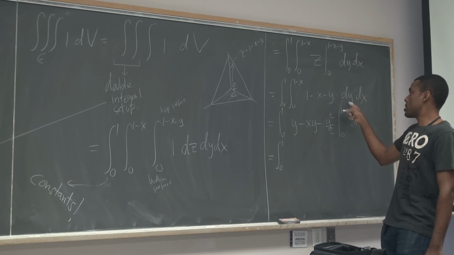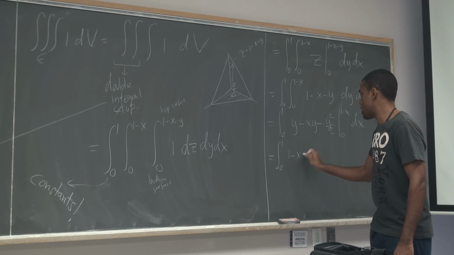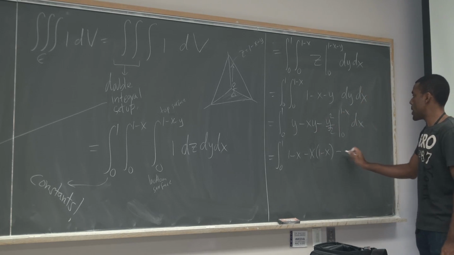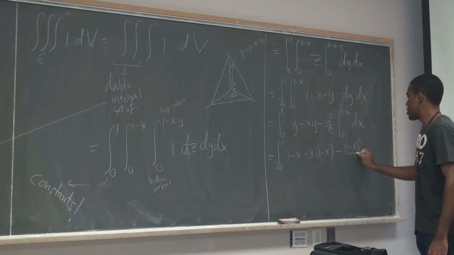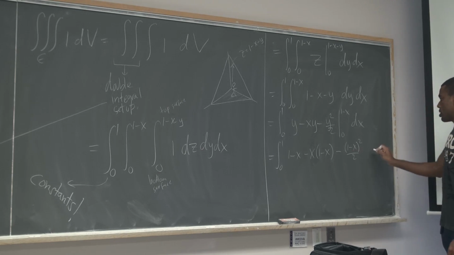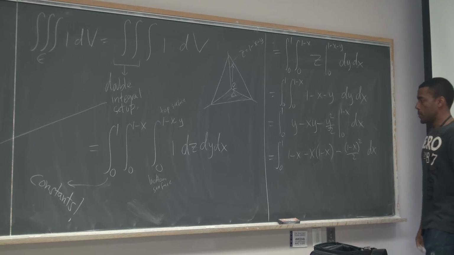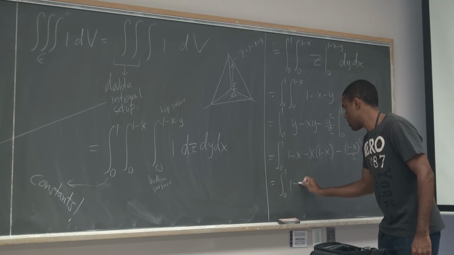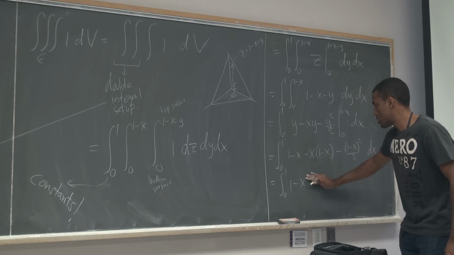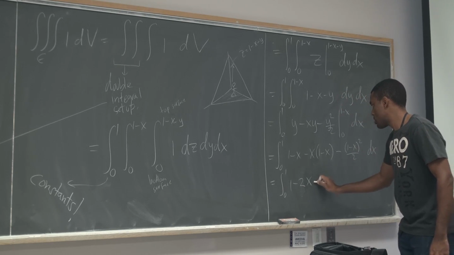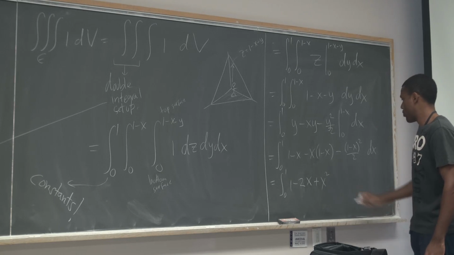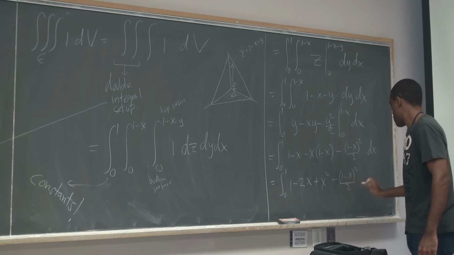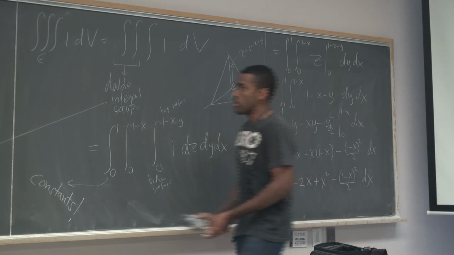Plug in 1 minus x for the y, because I just integrated with respect to y, so this is 1 minus x times 1 minus x, minus 1 minus x squared over 2. If I plug in 0, everything is 0, so that's just dx. This out here is 1 minus x, so this is 1 minus 2x plus x squared. Let's finish that up over here.